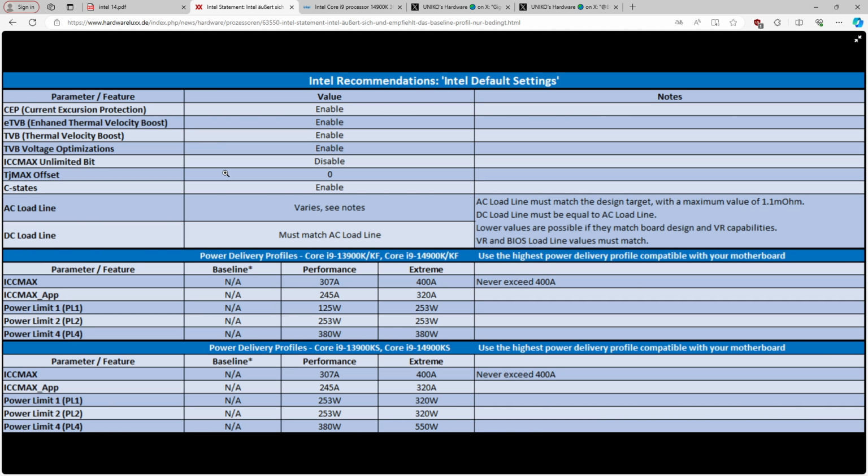Because of that, I think it's really hard to say that Intel messed up their reliability testing, because nobody was using the current excursion protection. Yeah, that's disabled. The ICC Max, that's also disabled. So is the CPU degrading because Intel is pushing the CPUs too hard? Or is the CPU degrading because there are literally no safety features turned on whatsoever, right?